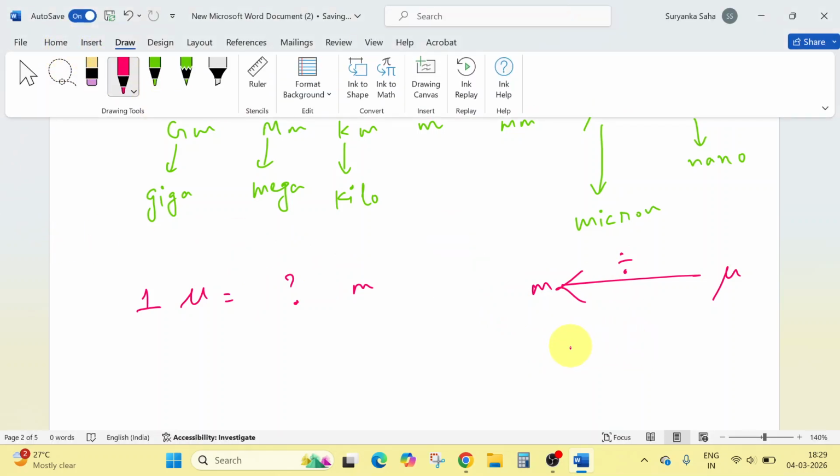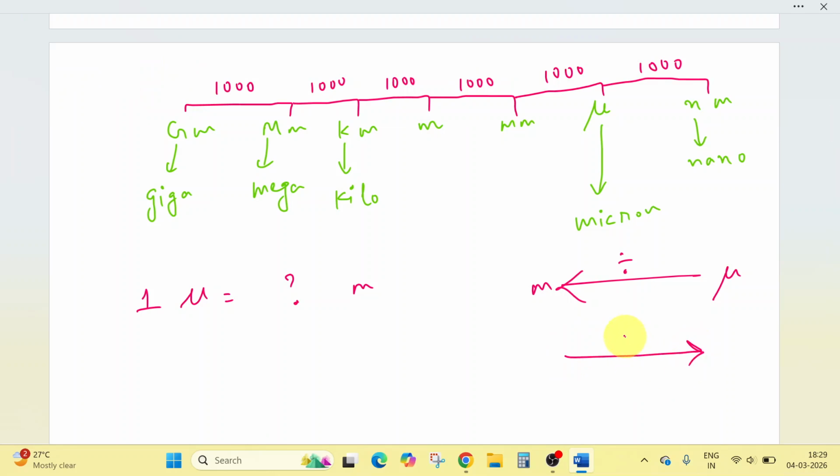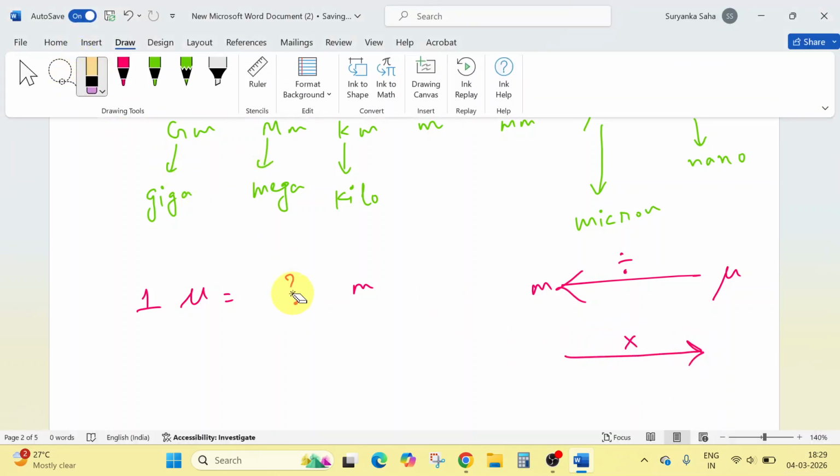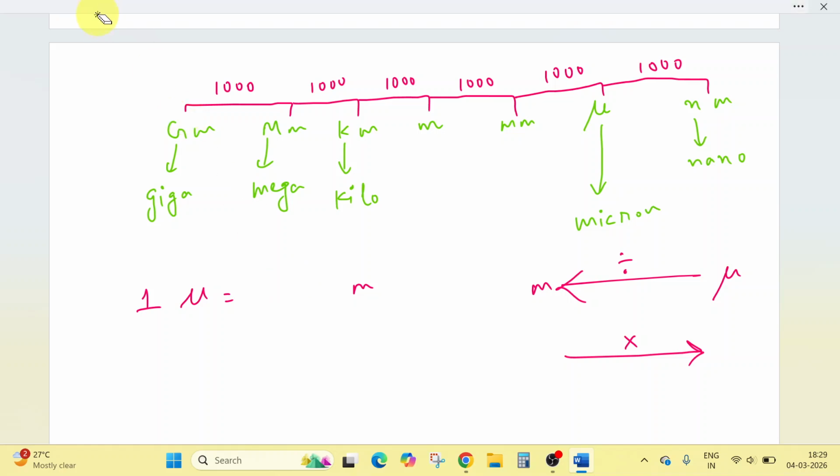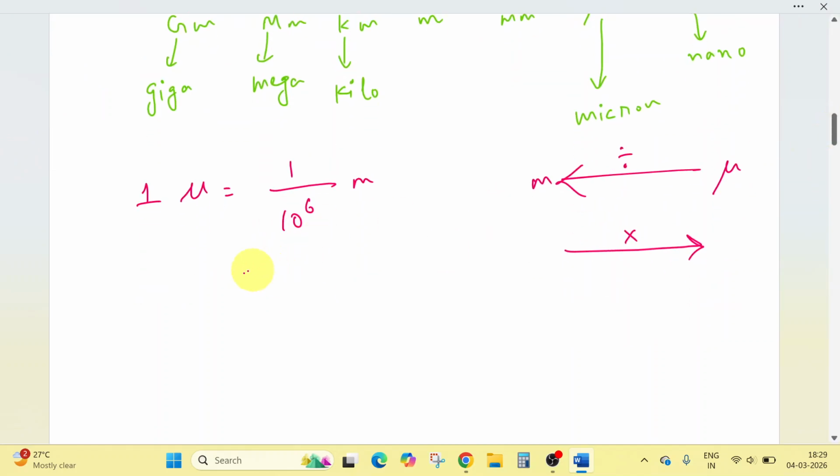And when you go from this side to this side, it is multiplication, right? So it will be 1 by 10 to the power 6, and in exponents we have learned 1 by 10 to the power 6 means 10 to the power minus 6 meter. Okay, so that's 1 micron.